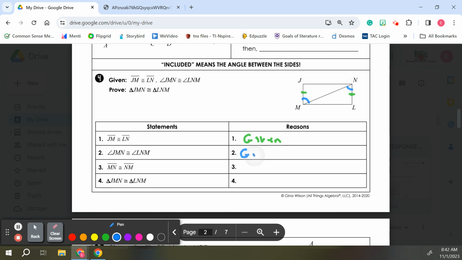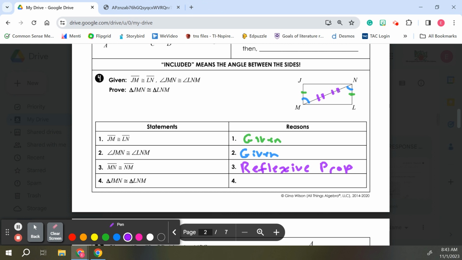So that's given to us. Now they're saying that MN is congruent to NM. How so, Izzy? Reflexive property. Very good. So this is congruent to itself.